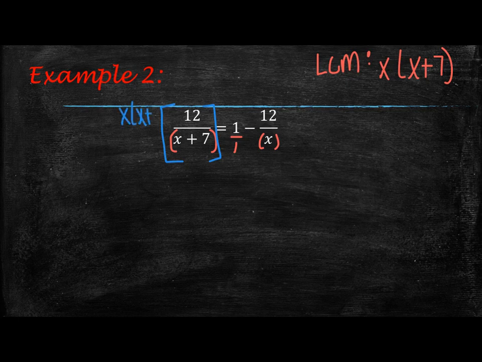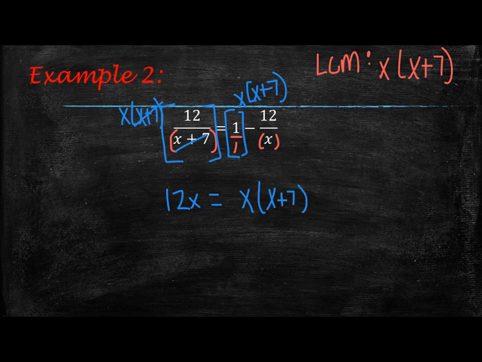Therefore, when we multiply through, when I multiply this fraction, I'm multiplying by x times x plus 7. So you can see that the x plus 7 is going to cancel. So then I'll have 12 times x, which is just 12x, equals. When I multiply the whole LCM here, that's going to just multiply times 1. So it's going to be x times x plus 7.